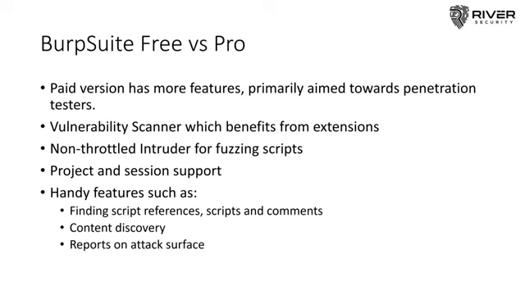Burp Suite has this handy feature where you can discover this content for us. It has the ability to find script references and comments in HTML source code and JavaScript. So for example, say I have a script that I'm curious about. I wonder which parts of the application are using this script. I can simply right click and get those details right away.